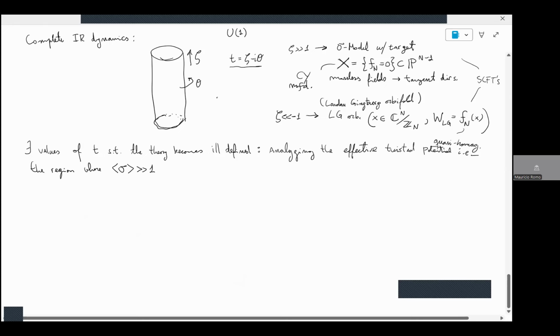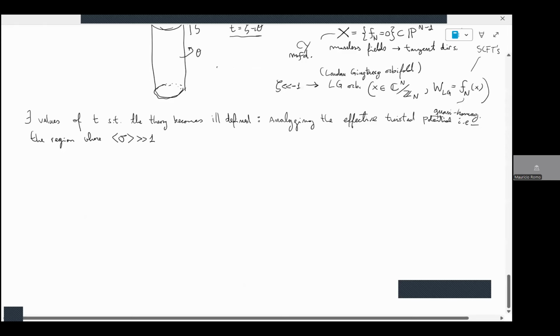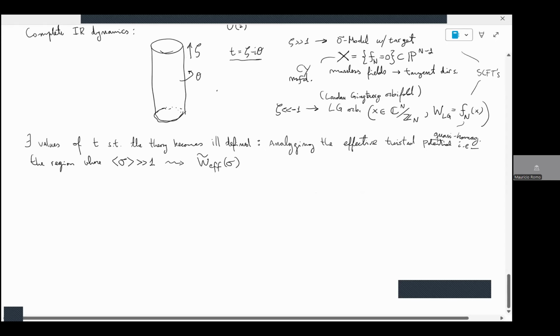In that region, as I showed you before on the Lagrangians, the VEV of sigma acts as a mass for the chirals. So in that region, you can integrate out all the chirals, and therefore there is an effective potential for sigma. This is what is called the effective twisted potential, because sigma is a twisted chiral field. And singular points can be obtained by studying critical points.